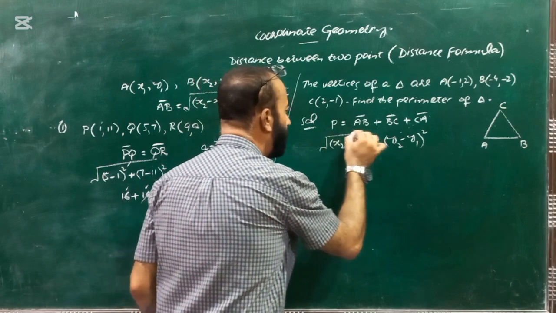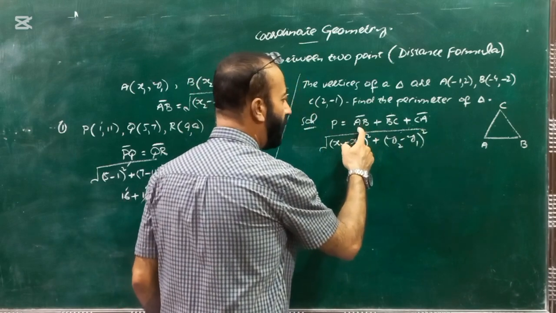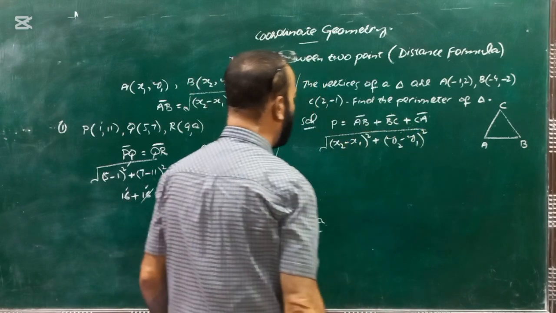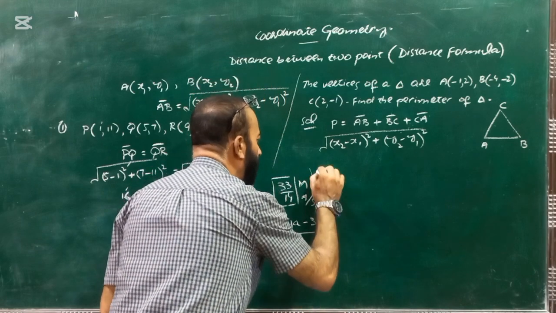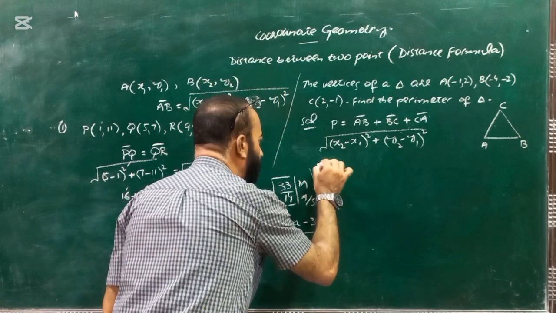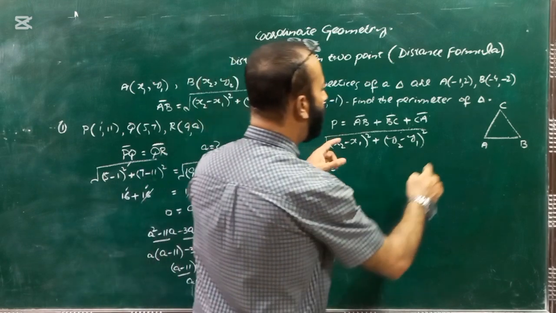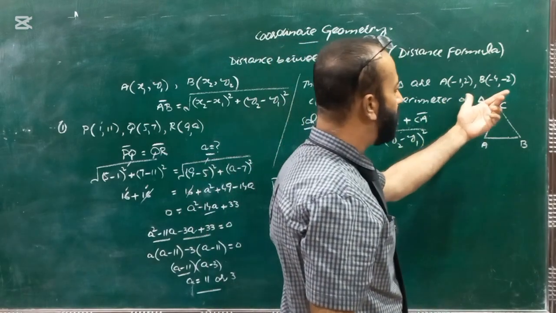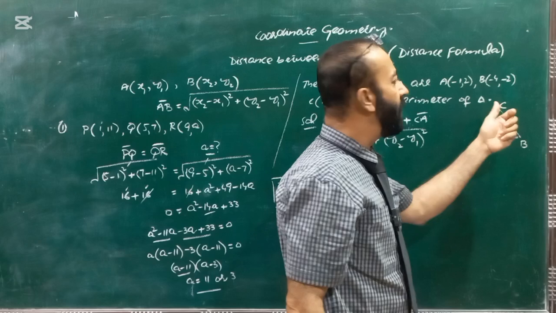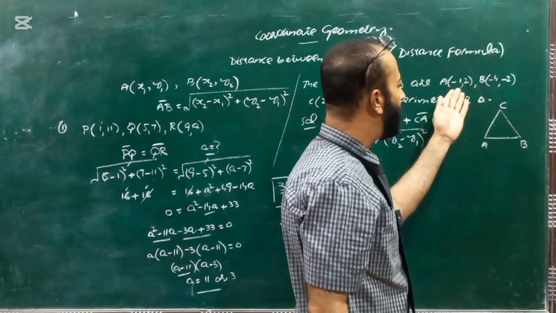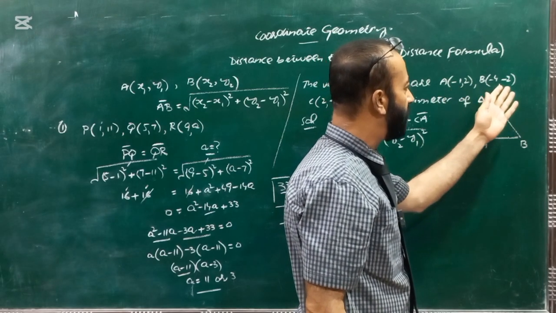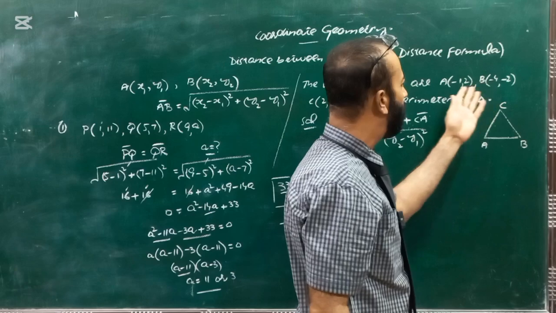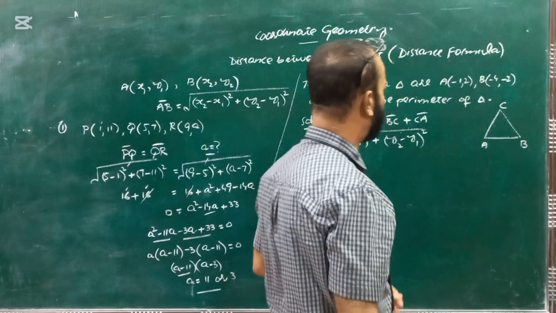This is the distance formula which will be applied to all these three values. So first we are going to find the value of AB. Take any point as x1 y1 and the other point as x2 y2. That will be up to you.